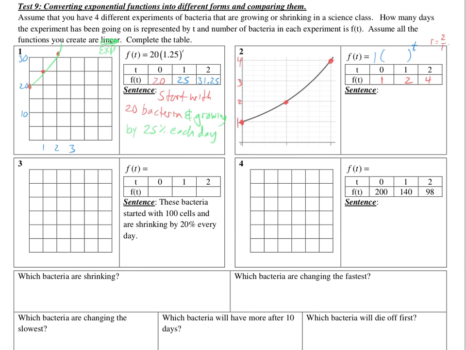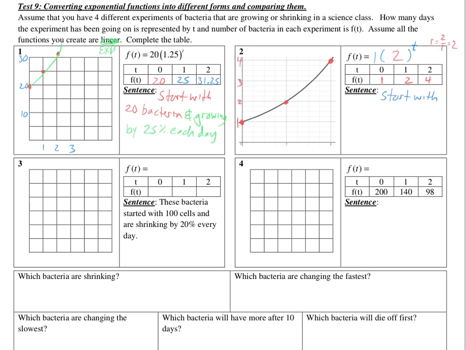The second divided by the first, which is what? 2. Now, does that make sense? Let's stop and think. Are we starting with 1 and doubling? Yes, sir. So that actually makes sense. So now we want to make the sentence. From this, can we think of the sentence? Doesn't it say what we start with and how we're changing? So I'm going to say we start with how many bacteria?